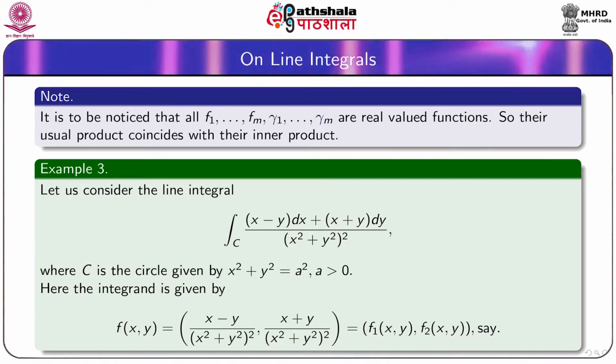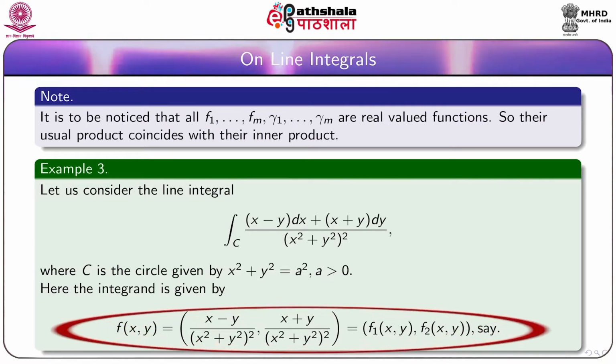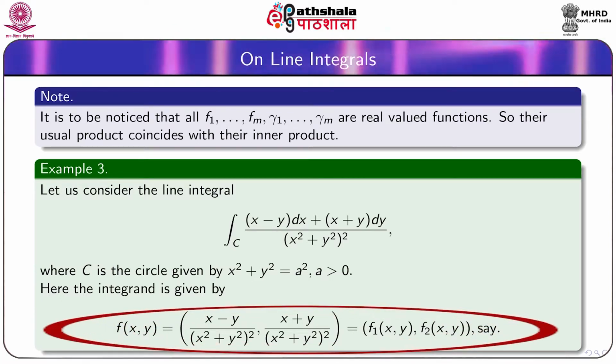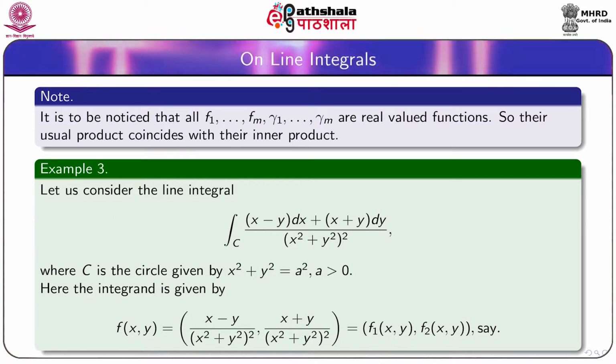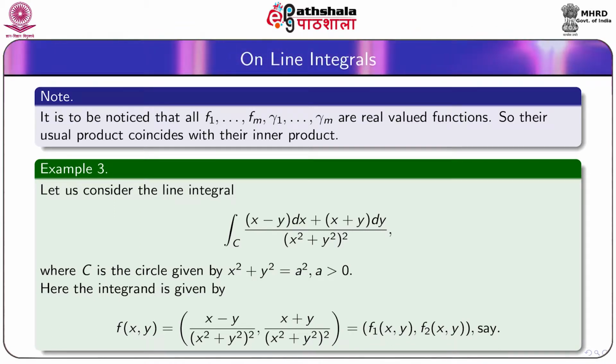The integrand is found to be f(x,y) equal to the ordered pair f1(x,y), f2(x,y), where f1(x,y) equals (x minus y) divided by (x square plus y square) whole square, and f2(x,y) equals (x plus y) divided by (x square plus y square) whole square. Clearly, f is a function defined over R2 except the origin.